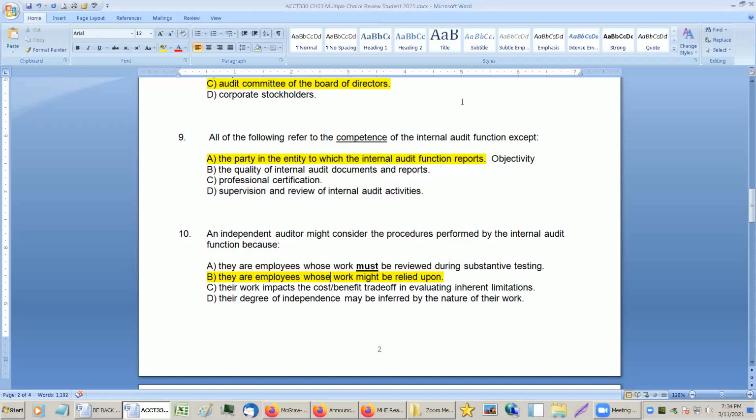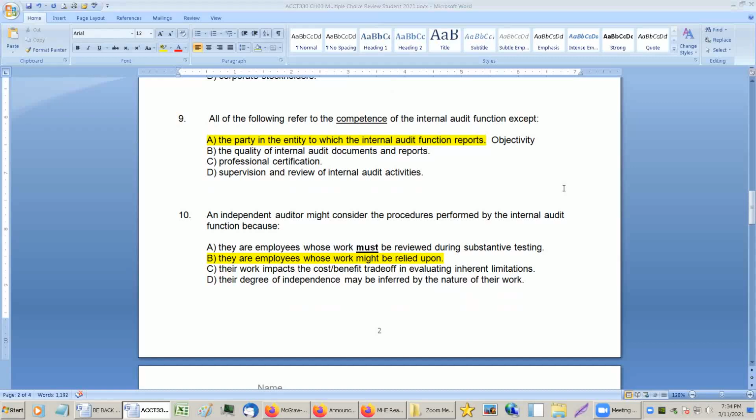A lot of these are actually CPA questions, and they make you think. Check and make sure these don't have any duplicate ones.